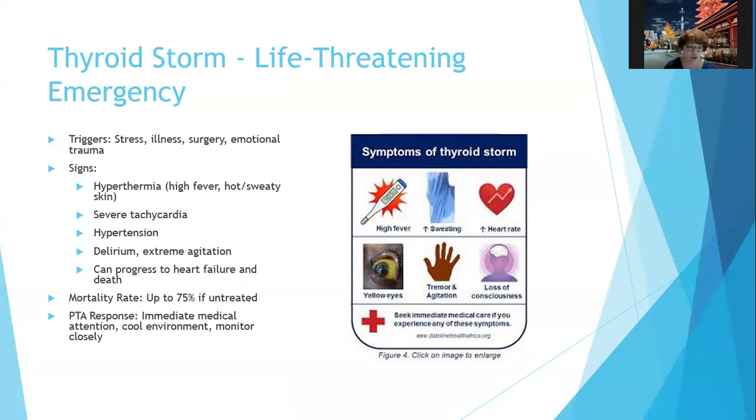So you have a fever, you're hot, and your skin is sweaty. Severe tachycardia, the hypertension, delirium, and extreme agitation. So delirium is confusion that goes away. Dementia is confusion that doesn't go away, if you want to think of it that way. A thyroid storm can progress to heart failure and death because of that severe tachycardia. The mortality rate is up to 75% if untreated.